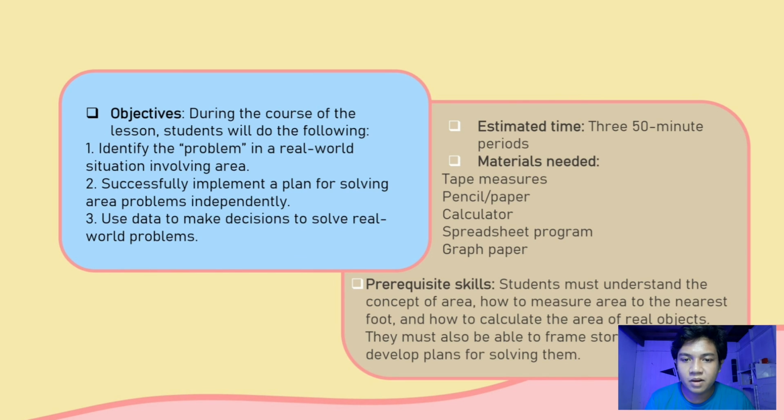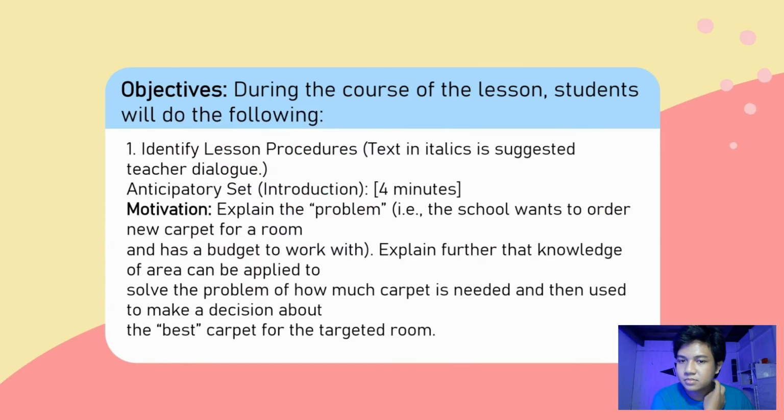Estimated time: 50-minute periods. Materials needed: tape measure, pencil, paper, calculators, spreadsheet program, graph paper. Prerequisite skills: students must understand the concept of area, how to measure area, and how to calculate the area of a real object. They must also be able to frame story problems and develop plans for solving them. Lesson procedure.